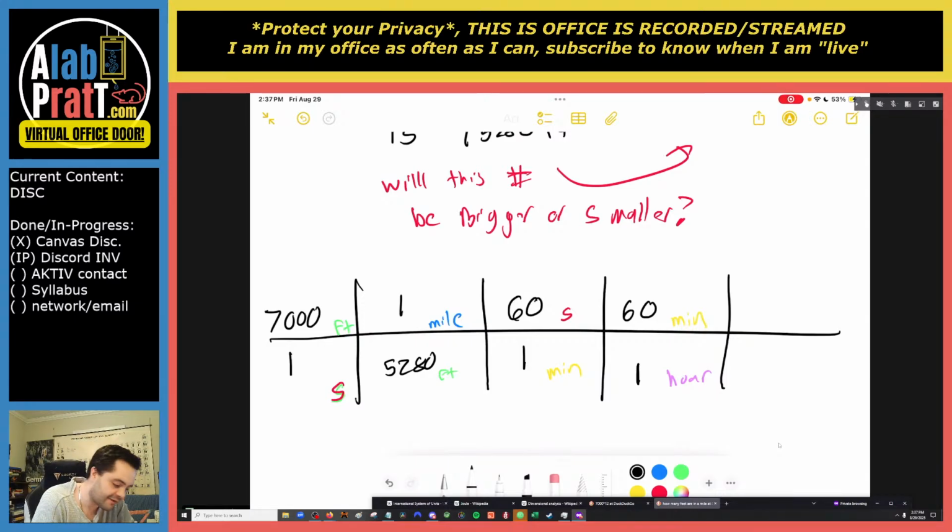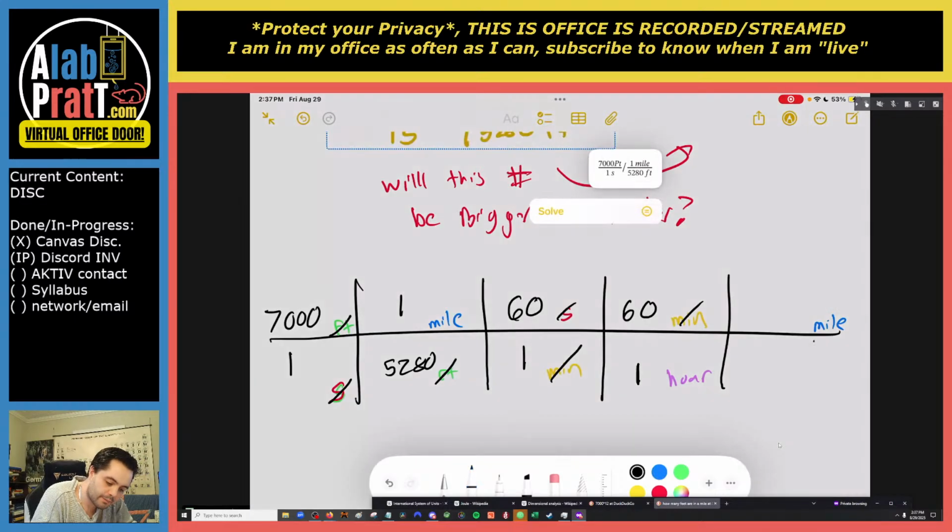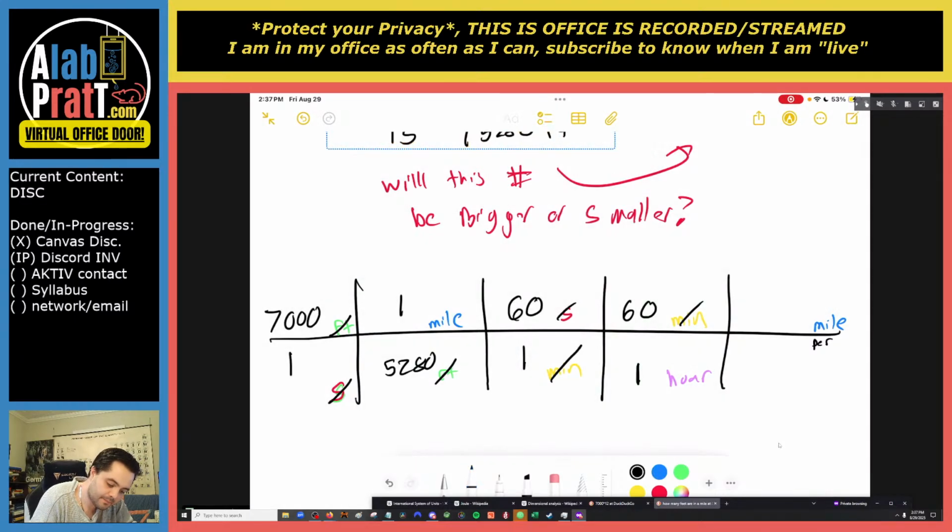My feet are on opposite sides. 1 up, 1 down, goes away. 1 up, 1 down, goes away. So whatever I'm going to tell someone, the answer is going to be miles per hour. That is the result of the unit.